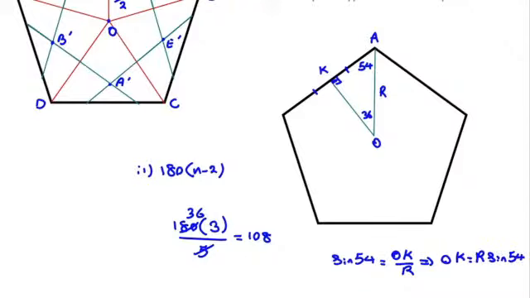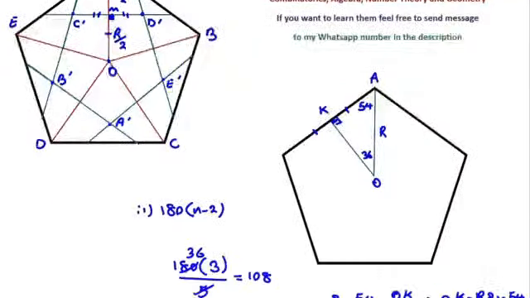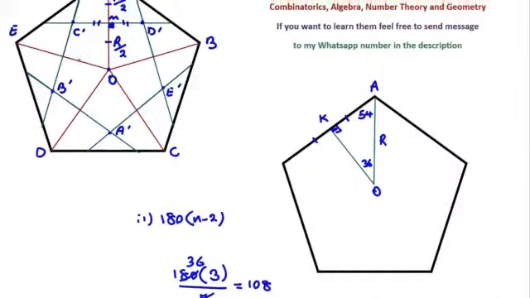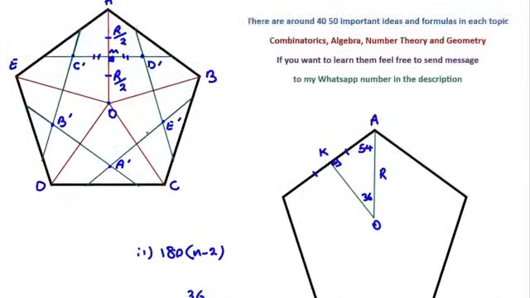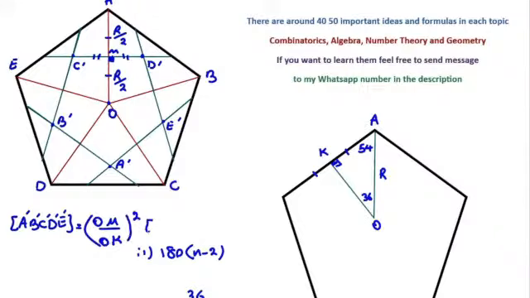Now, I know the area of ABCDE because A prime, B prime, C prime, D prime, E prime is similar to ABCDE. If we want to find the area, we should divide two similar lengths like OM over OK, squared, times the area of ABCDE.